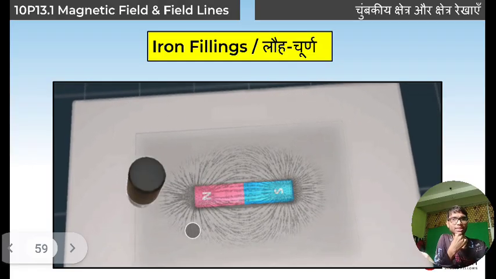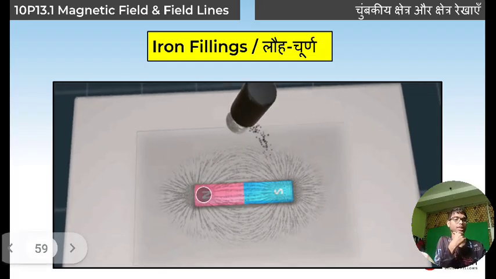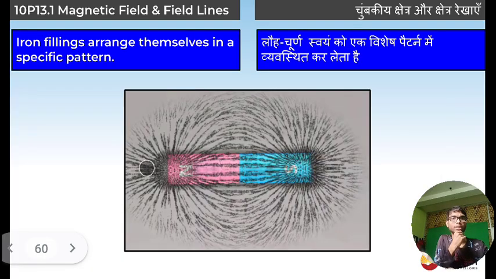So this region is the magnetic field. Here you can see this is the magnetic field. This specific pattern is the magnetic field.